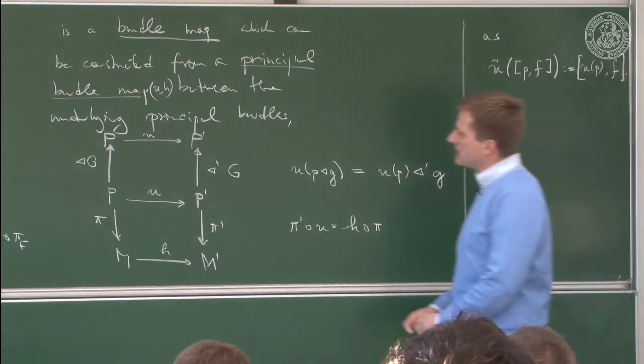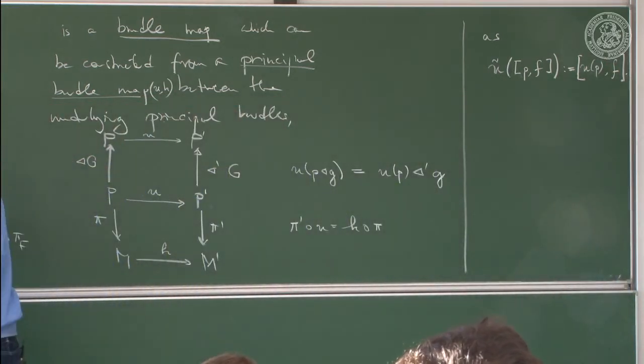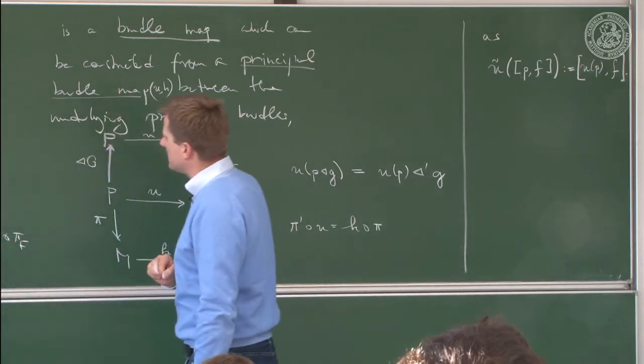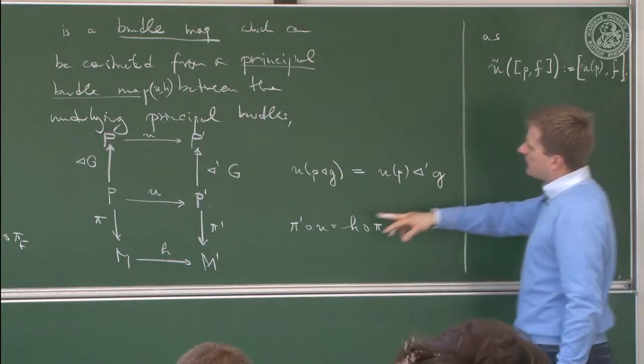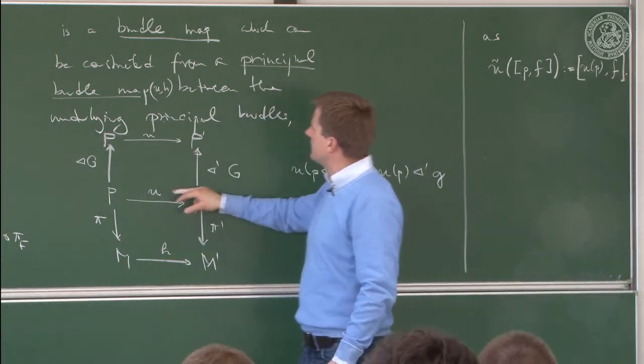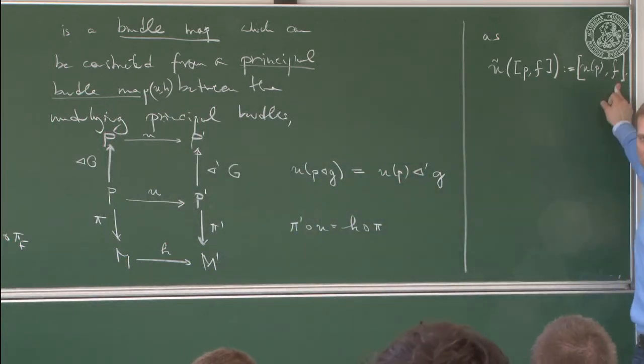So now the sentence has ended. The associated bundle map is a bundle map with the additional property that it has to be induced from some principal bundle map in this fashion.